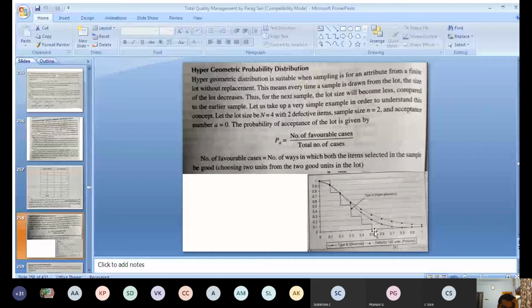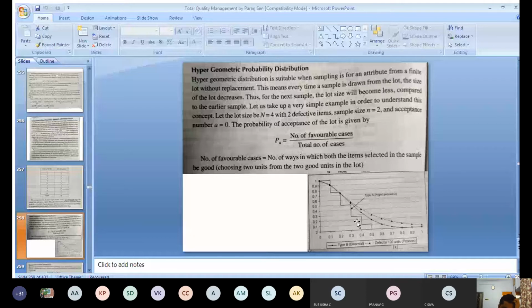If your proportion defective is 40%, then the probability will be somewhere around 20%. So that's why the curve is step-shaped.